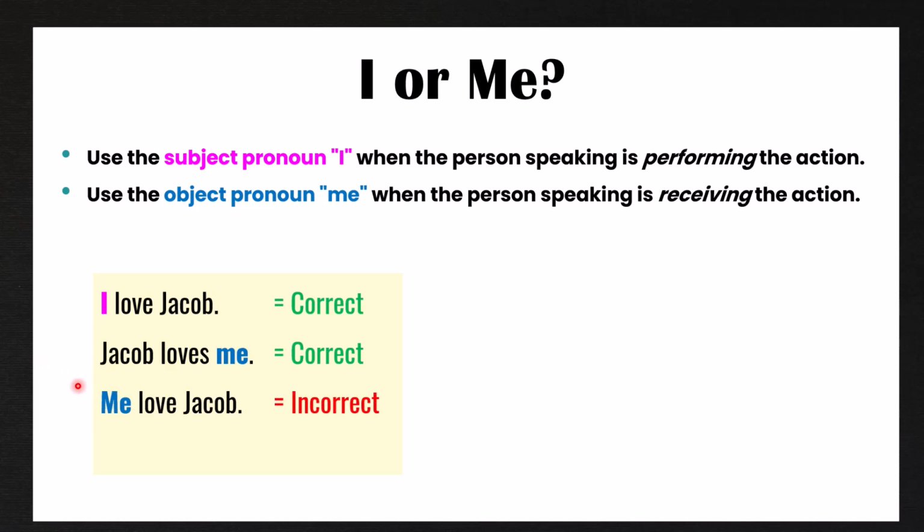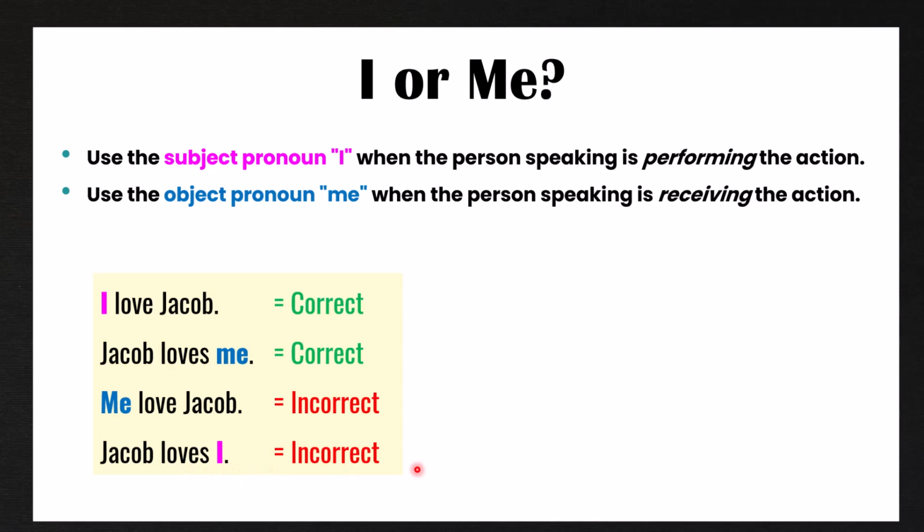If we say, me love Jacob, this is incorrect because we have to use the subject pronoun because the person speaking is performing the action. And Jacob loves I, this is also incorrect. We have to use the object pronoun because the person speaking is receiving the action. Now, this is not a common mistake for someone to say me love or loves I.